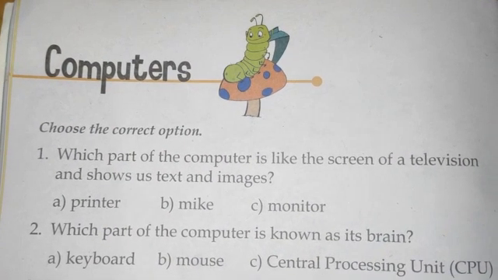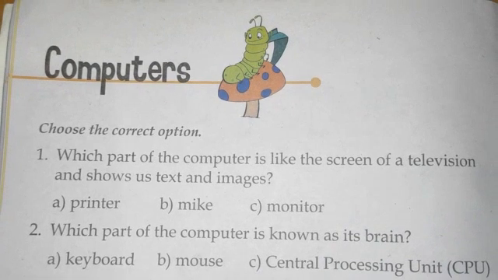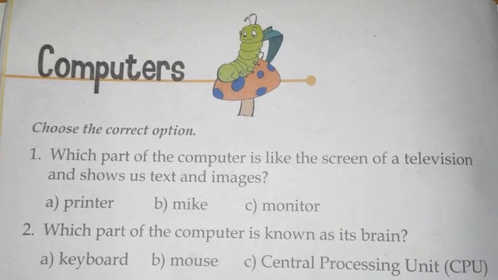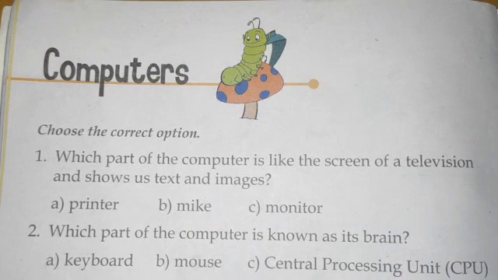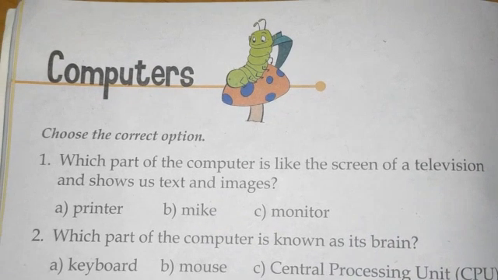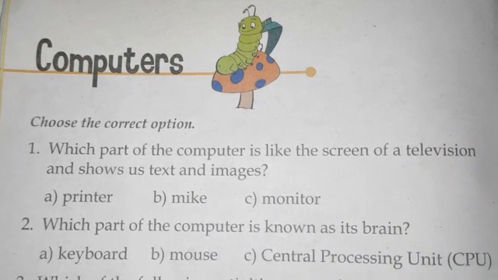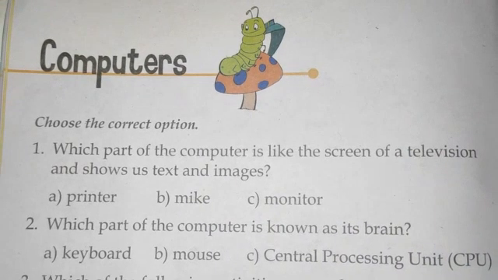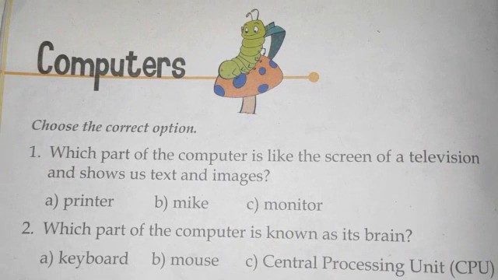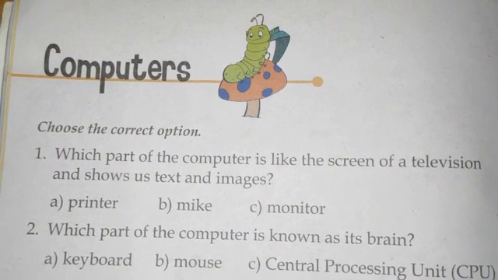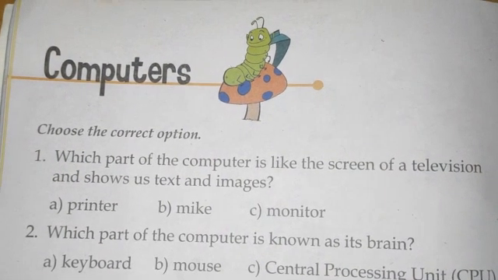Also, you know that there are 4 main parts of computer. First one is your monitor, which looks exactly like a television, and whatever you type or give information to the computer, it displays it.